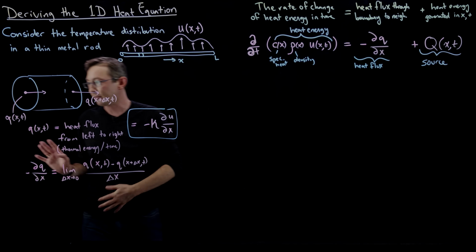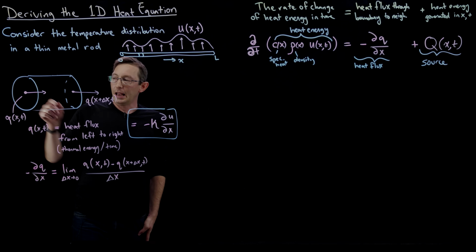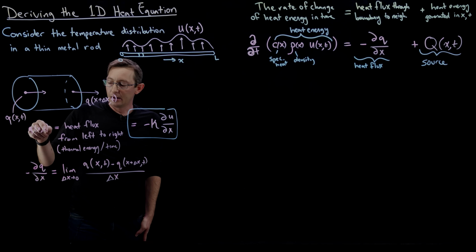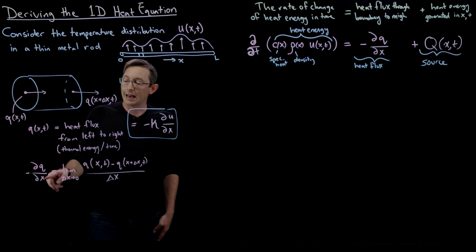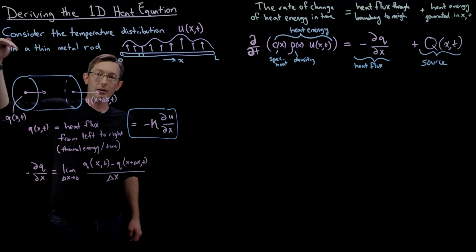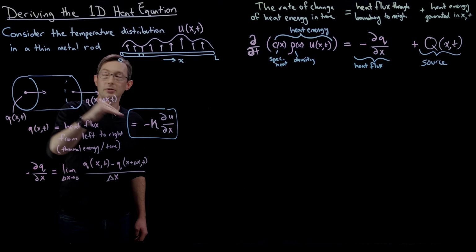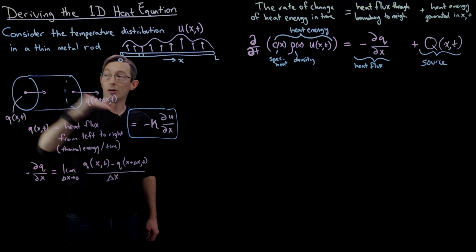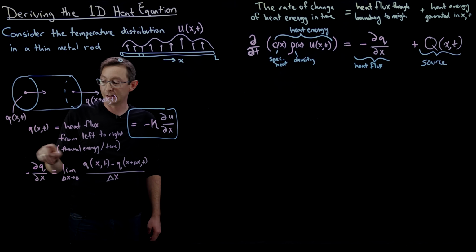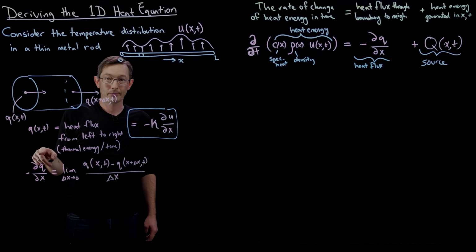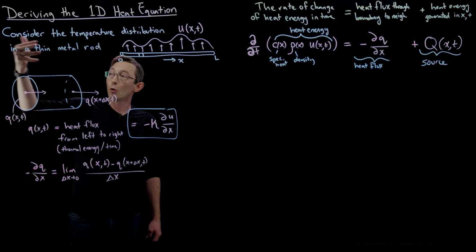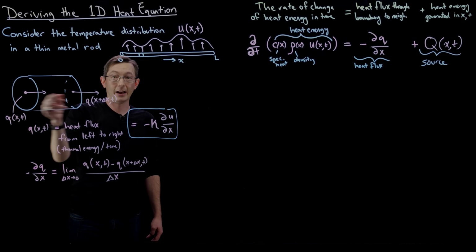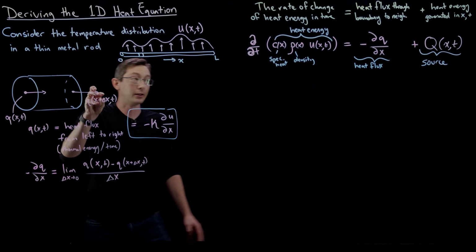If I have a negative gradient of Q, what that means is that Q is bigger coming in than going out. Q is bigger, then medium, then small. That is a negative gradient of Q. That is a negative partial Q partial X. And if I have a negative gradient of Q, that means I have more heat energy. This one's bigger than this one. I have more heat energy entering than leaving.